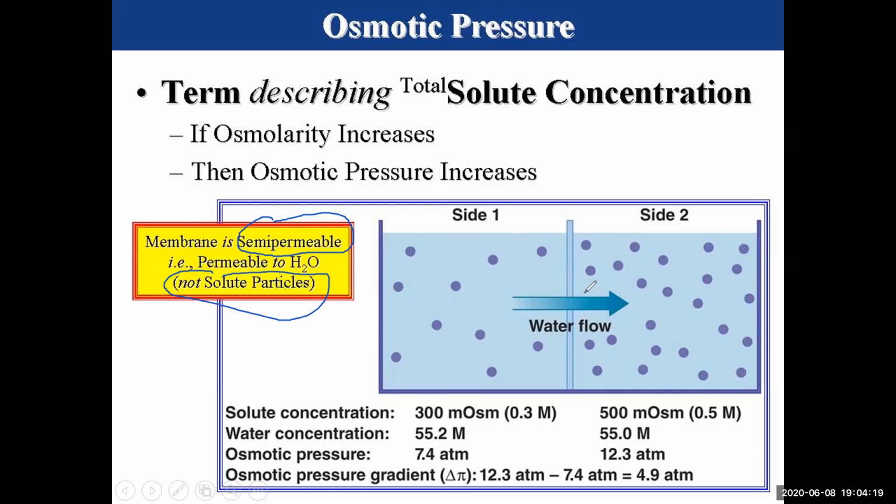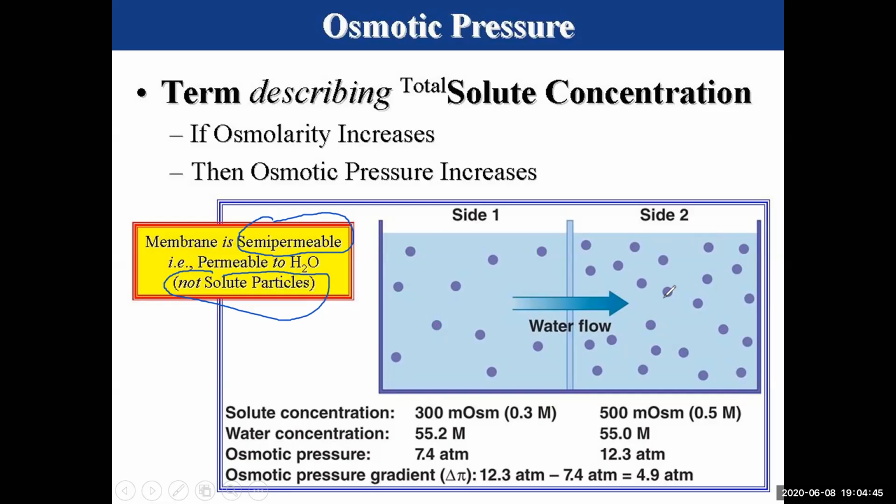So what it means is side 2 has more solute particles. Side 2 will also have a higher osmotic pressure. Water will flow from a low osmotic pressure to a high osmotic pressure.